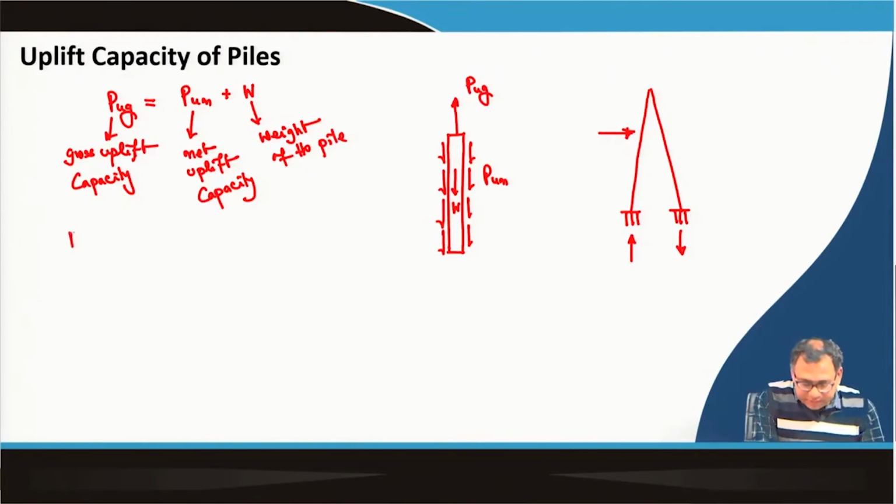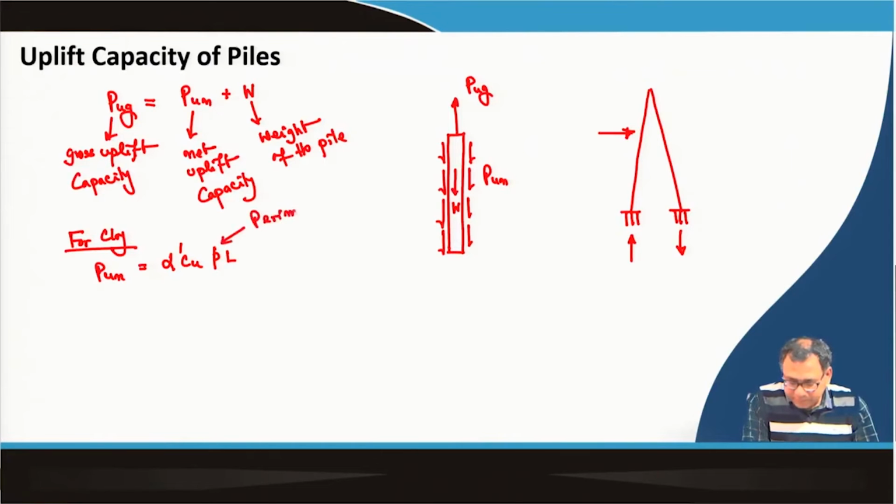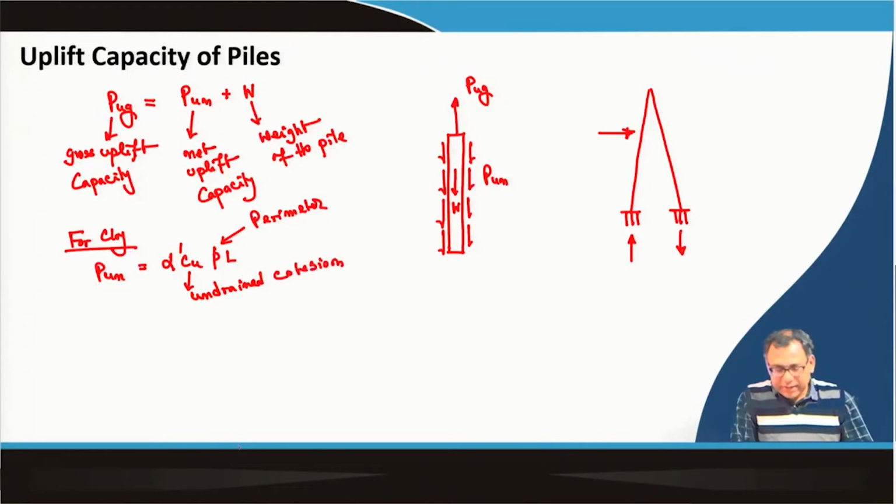Now for the clay, how can we calculate PUN? PUN will be equal to alpha dash Cu into the perimeter into the length. So, here P is the perimeter of the pile, Cu is the undrained cohesion, L is the length of the pile, and alpha dash is the adhesion factor.